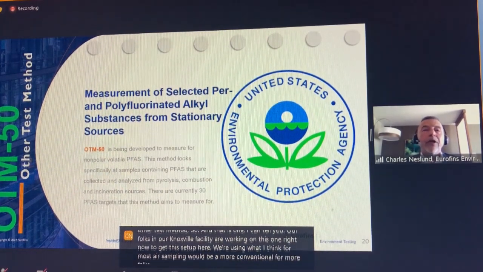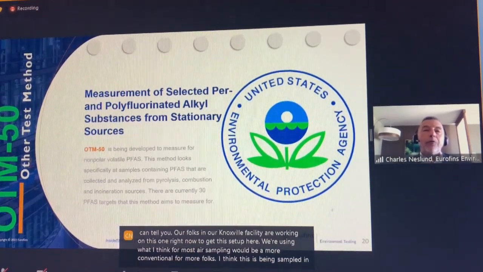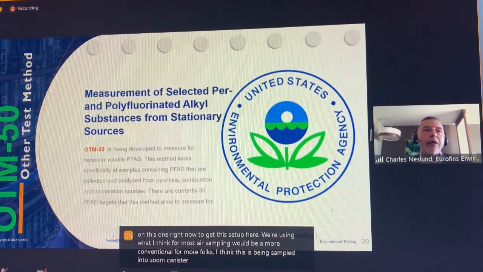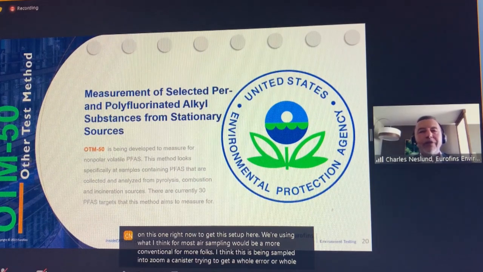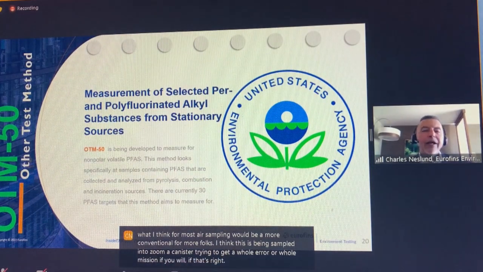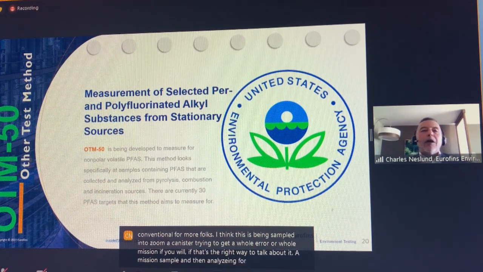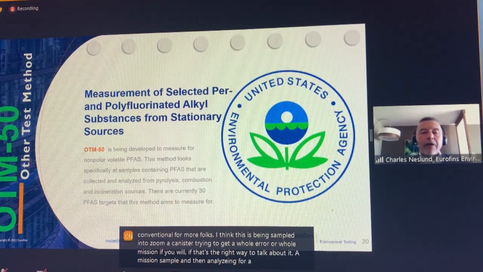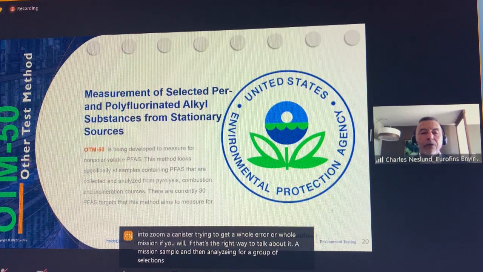This is being sampled into a Summa canister, trying to get a whole air or whole emission sample, if that's the right way to talk about it, and then analyzing for a select group of volatile PFAS targets. Currently there are 30, I believe, listed in the method.